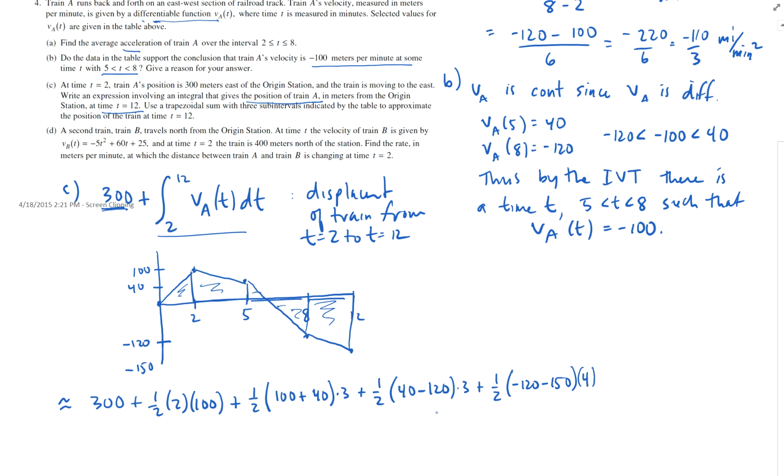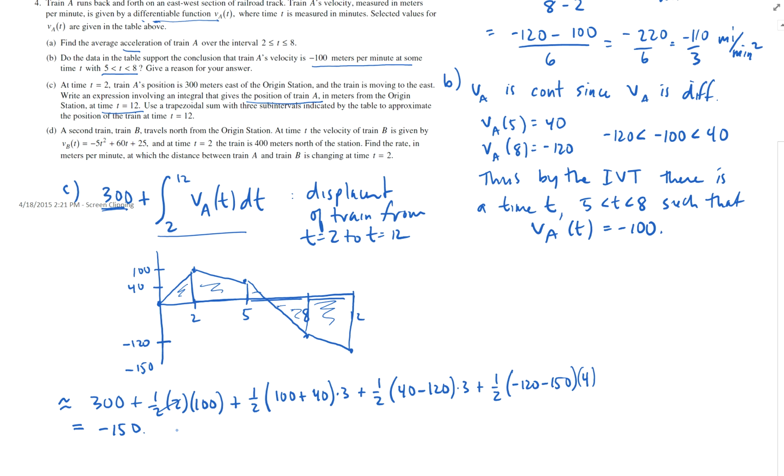Okay. If I do all of that, which is a bit of a pain, but for the sake of time, and again, you don't have a calculator, you can cancel the 2's and go that way. This is equal to negative 150. Okay.